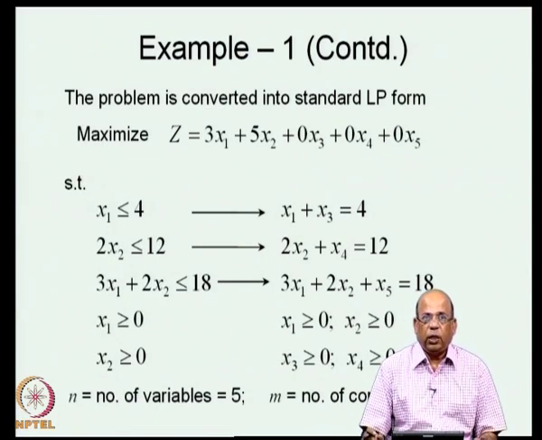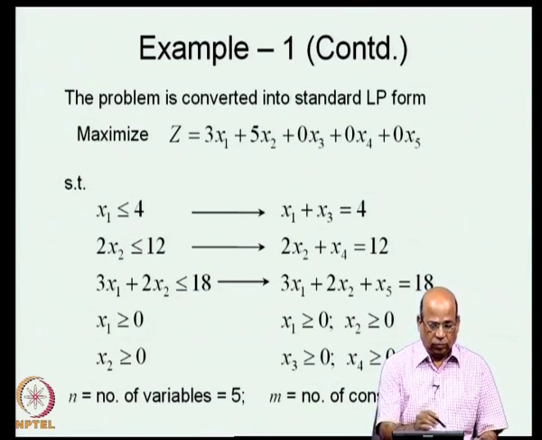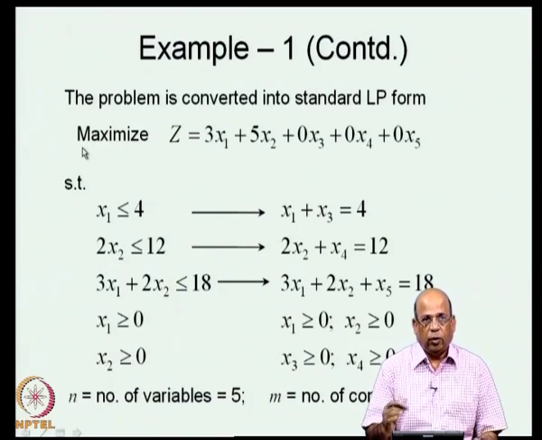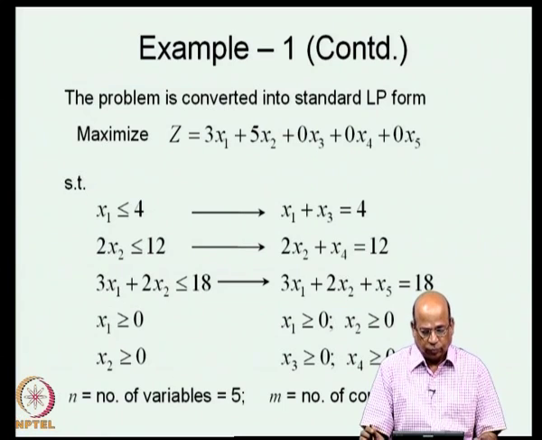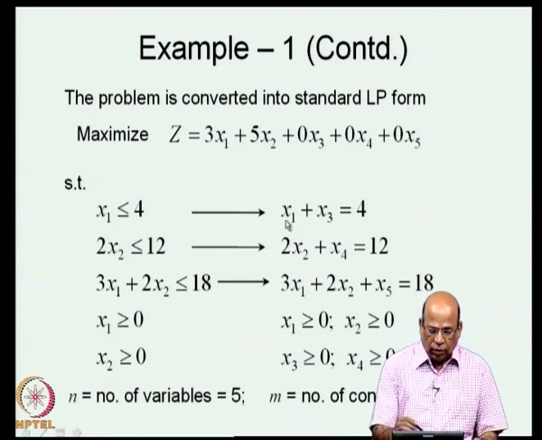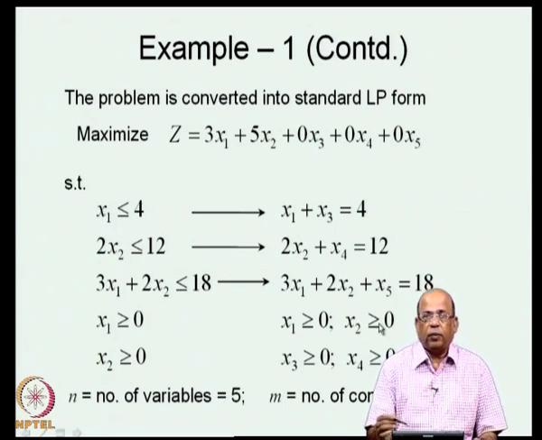The standard form that we will be using in this lecture is that the objective function will have a maximization form. So, we write the objective function always as a maximization objective function, and all the constraints we write as equality constraints.